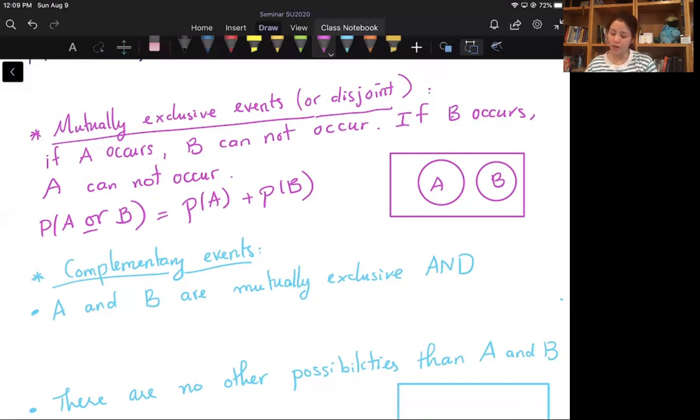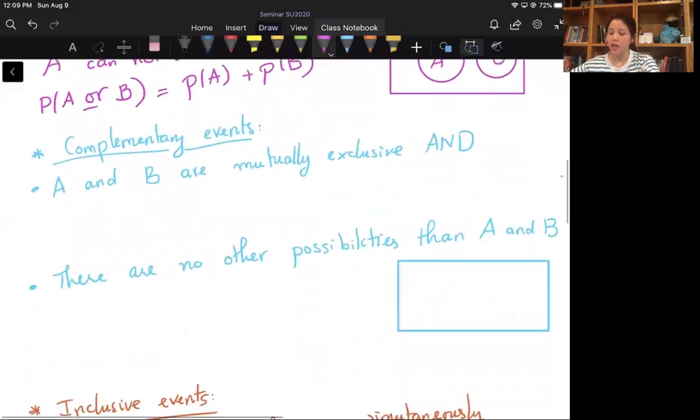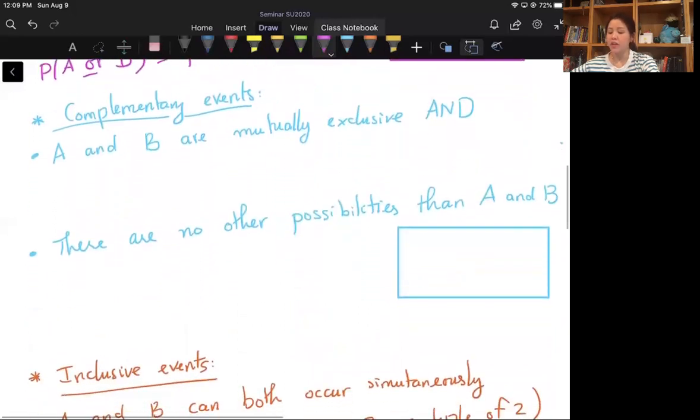Complementary events. Event A and B are said to be complementary events if two things occur. First, event A and event B are mutually exclusive.